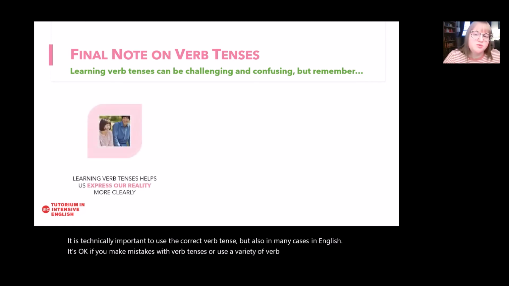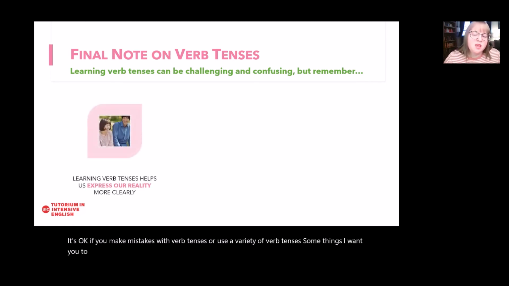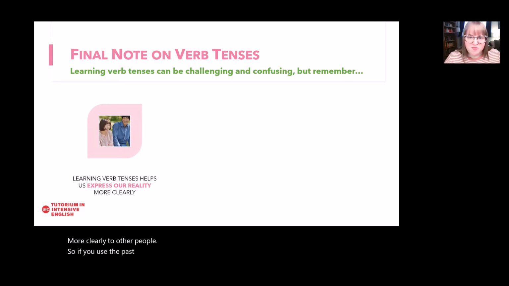Some things I want you to remember are that learning verb tenses helps us to describe our reality more clearly to other people. So if you use the past instead of the future, that's a very different reality, right?